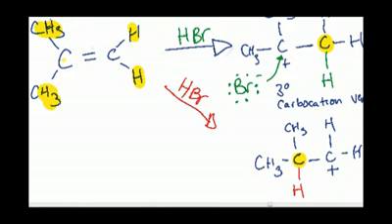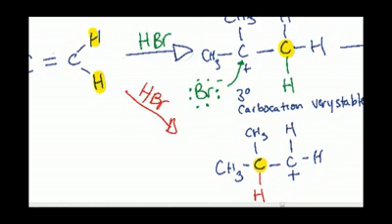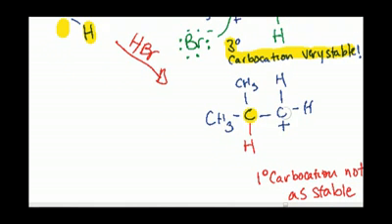So the first scenario, if I bind to the carbon 2 here, then what happens is I get a tertiary carbocation, which is very stable. Whereas if I bind to this carbon here, the resulting carbocation is on the other carbon, and that is a primary carbocation, not as stable.